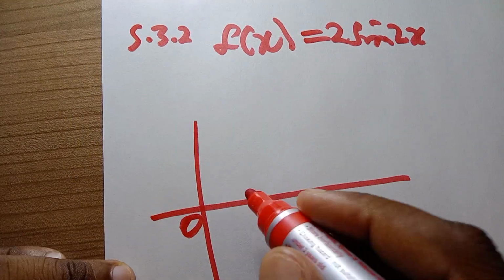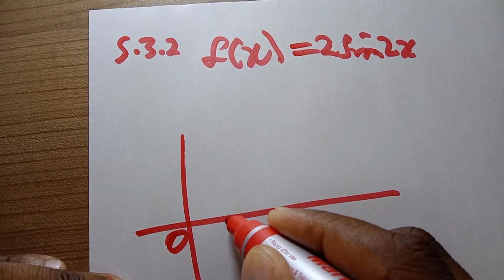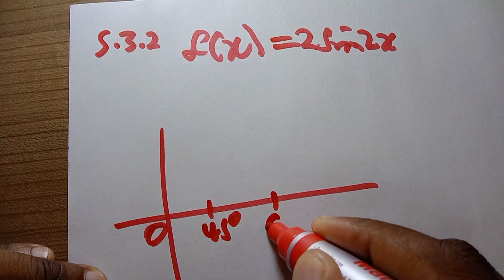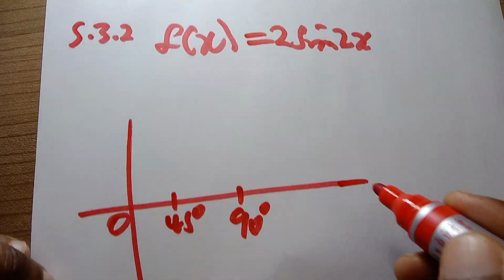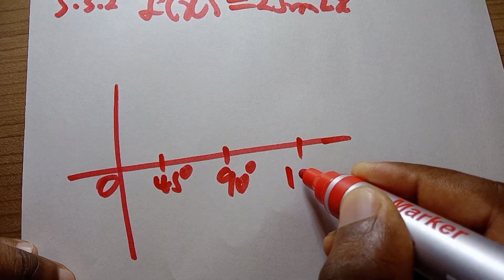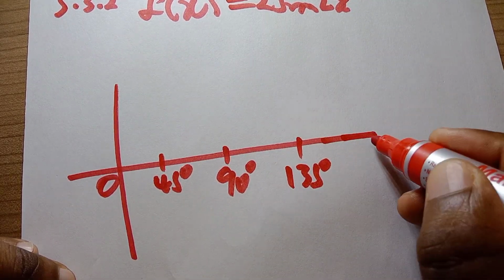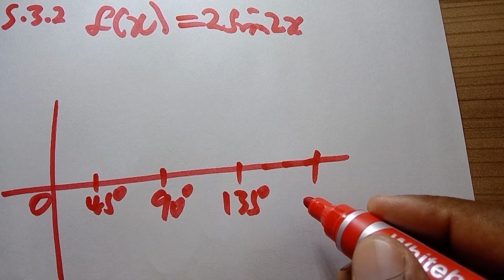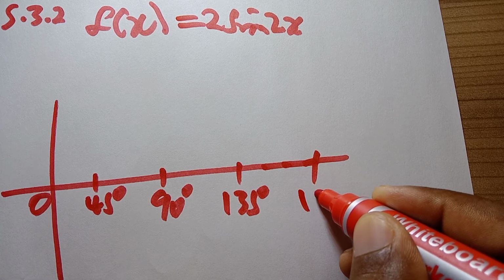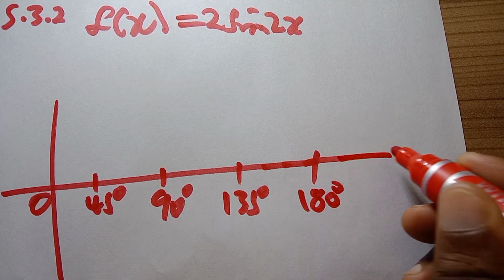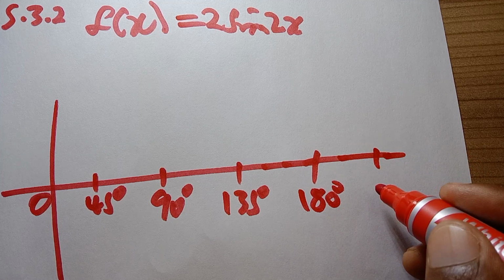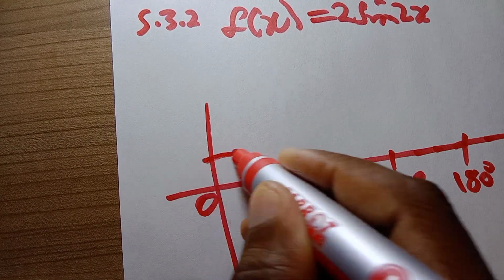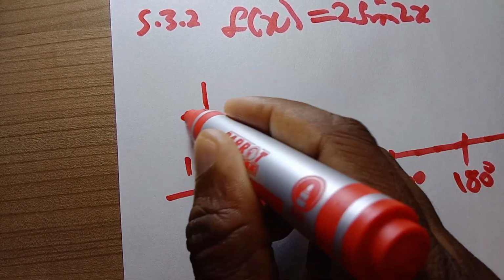Let's have it by 45, then here we're going to have the 45 degrees, then the 90 degrees, then the 135, then the 180 degrees.